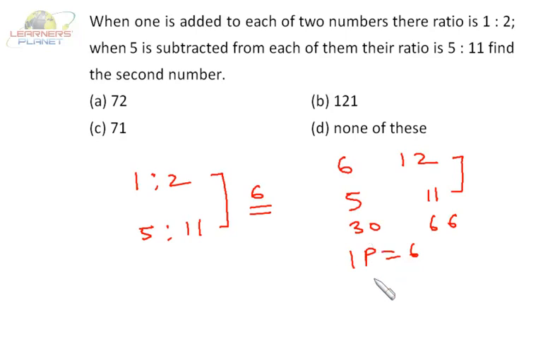So the original numbers will be 30 plus 5, 35, and 66 plus 5, 71. Though there is no need to go for any sort of cross verification, still you can do. If you add 1 to both of them, we will get 36 and 72, which maintains the ratio 1 is to 2. Okay friends, I hope it is clear to you.